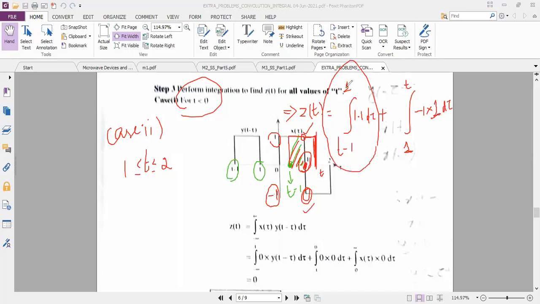Since it has minus 1 amplitude, I am writing the amplitude minus 1 into 1, and along with that, the limits I cannot keep the same, because the limits t minus 1 to 1 have plus 1 as the amplitude, and for minus 1 the amplitude, the limits are 1 to t. I hope you are all understanding it, so you can complete the integration and get me the answer.